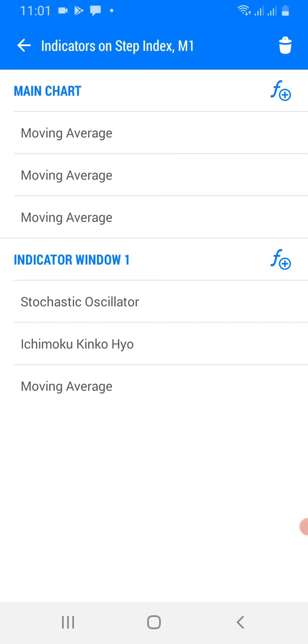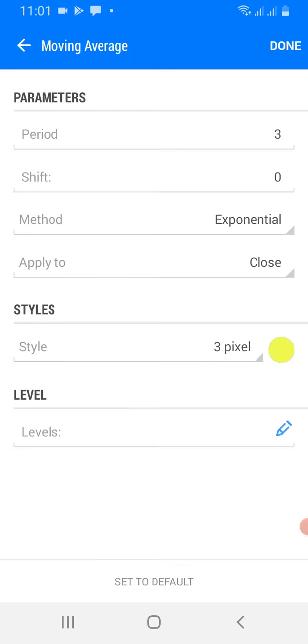In setting these indicators, the first indicator we'll need is the moving average. We'll set it to period 3, shift 0. Okay, let me just make it much easier, guys.